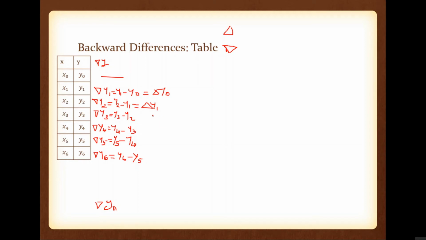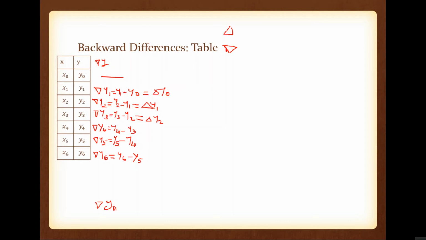And what about del y3? Del y3 is y3 minus y2, which is equal to delta y2. Like that it will go, but the position is different, please note. Delta y0 is here, delta y1 is here. That is the position point of view.